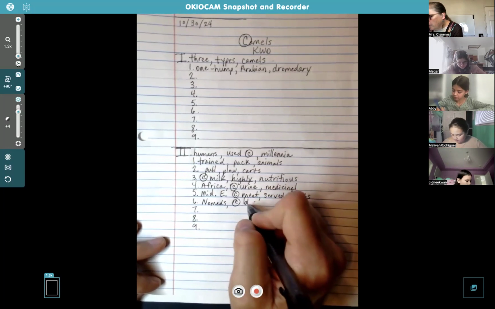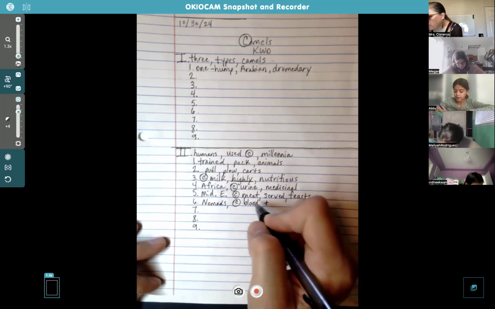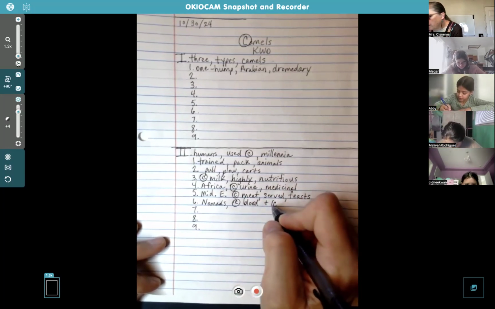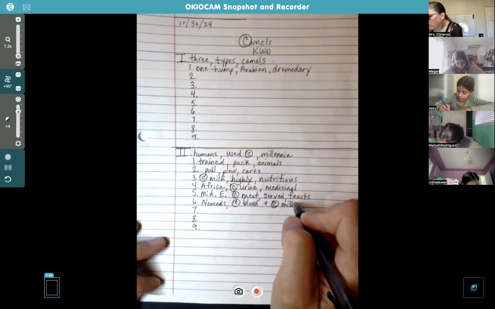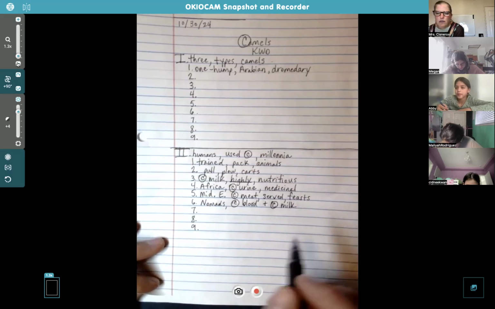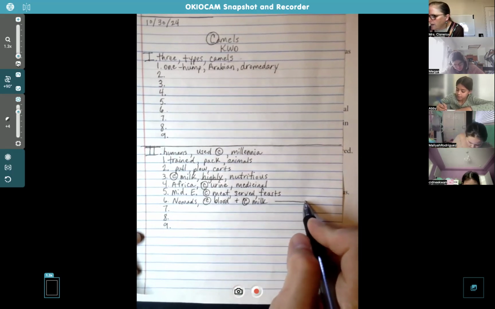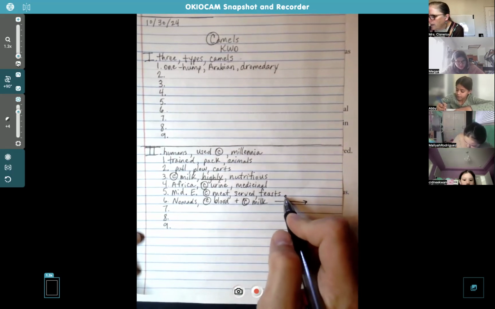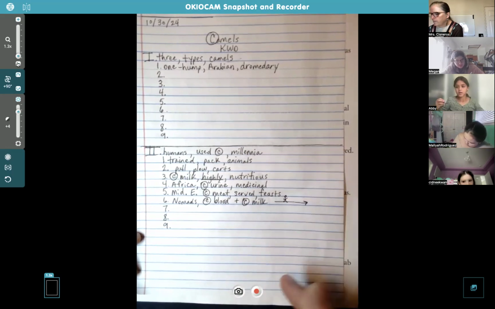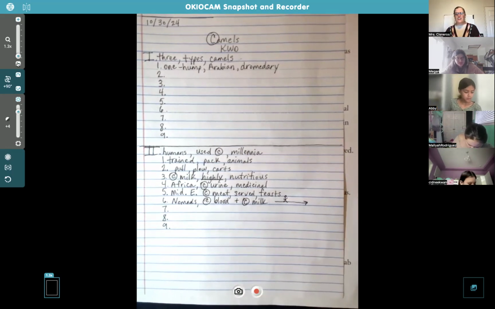Sea blood plus, we could do a plus symbol here, sea milk. And then maybe for long journeys, could we do like a long arrow and a little guy on there, maybe? Long journey.